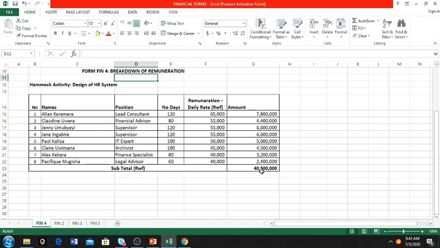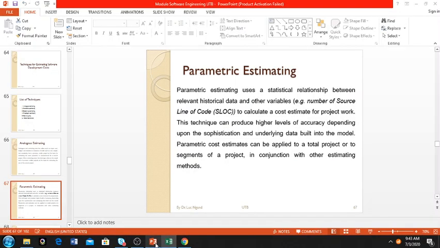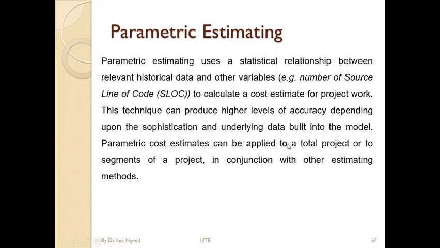So this is parametric estimating. Parametric estimating uses statistical relationship between relevant historical data and other variables like the number of source lines of code, to calculate a cost estimate for a project work.